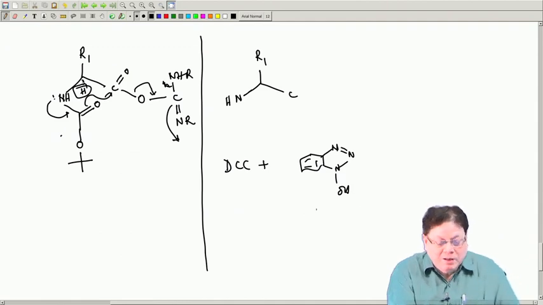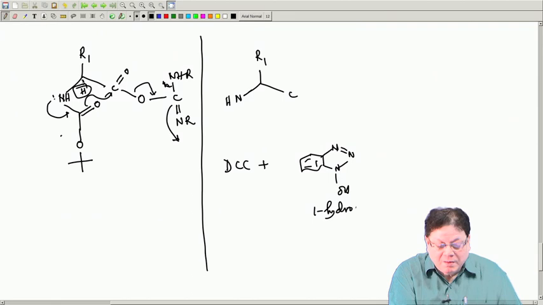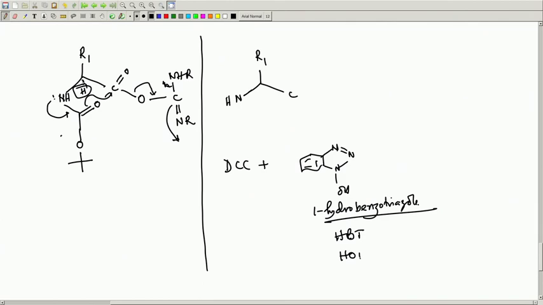This is called 1-hydroxybenzotriazole, HOBT, which we generally use. Okay.